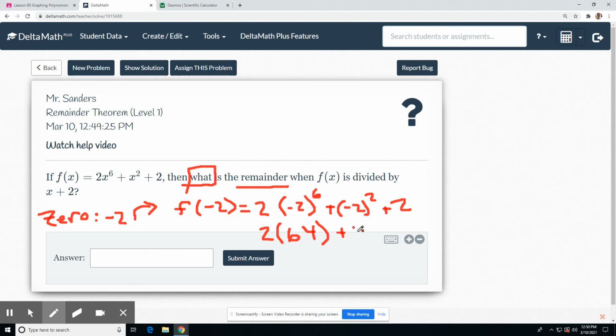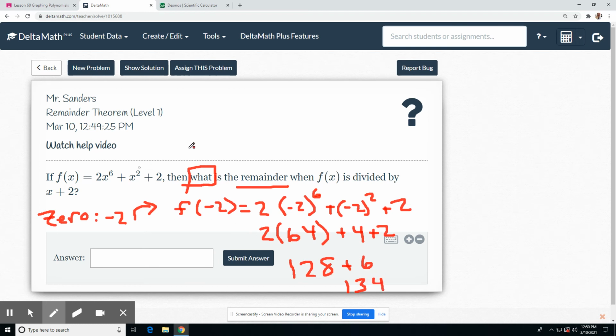Negative 2 times negative 2 is positive 4. 2 times 64 is 128 plus 6, which is 134.